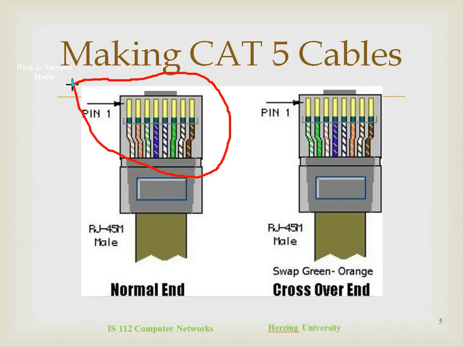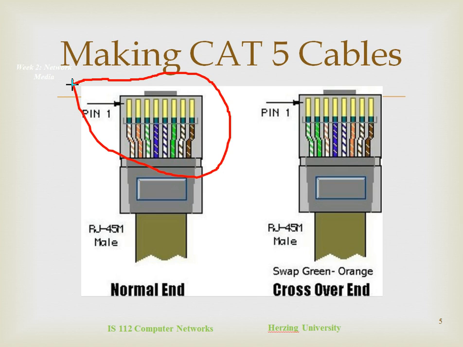You have certain color combinations, and these wires need to be in this exact order for an RJ45 male end. The normal end is the one that is used in almost all situations. So if you have a PC going to a switch, or a PC going to a wall jack going to a switch, it's normally a normal end.